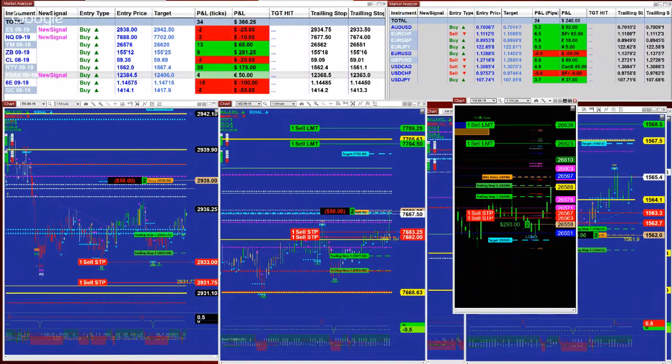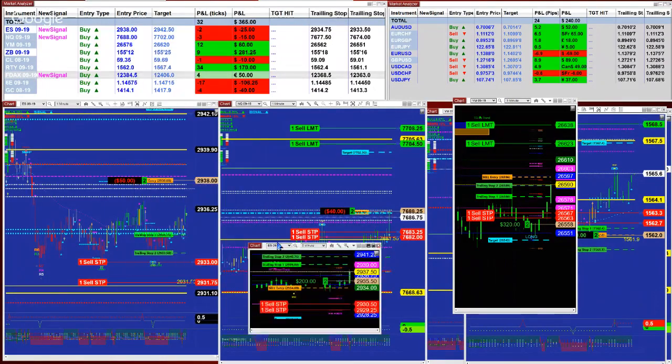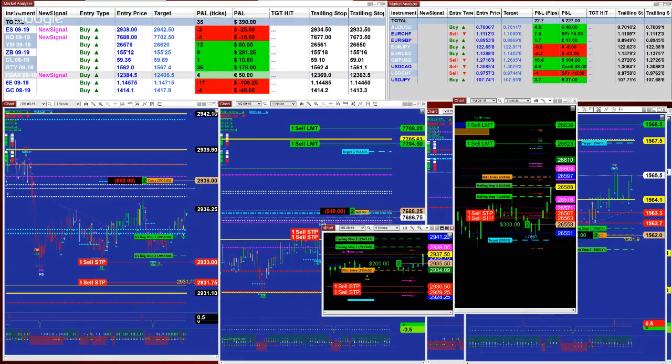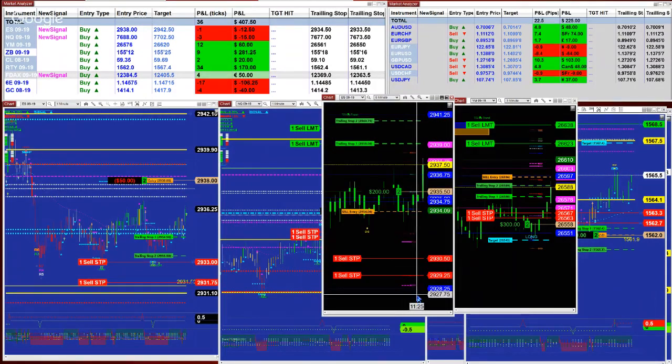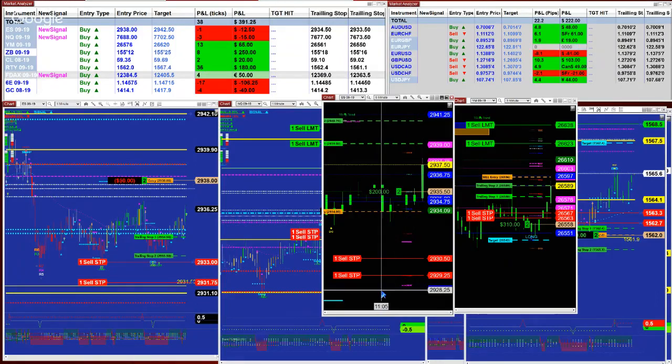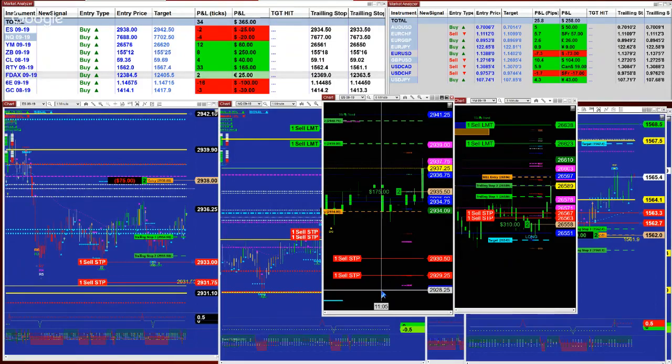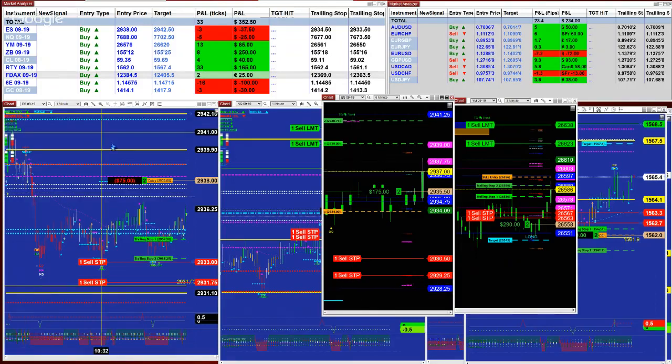This is a new auto trade and already nailed the 300 on that trade, and it's already 200 on that trade here. It was a very early prediction. And this is funny because it has not taken any trade on the NASDAQ. This is really nice, and it is amazing. I love it.